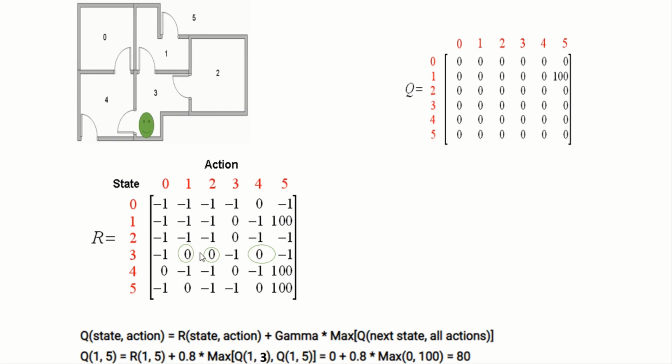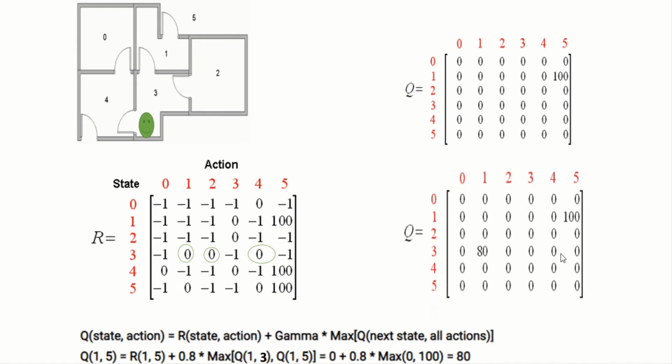Then the maximum of Q(1,3) and Q(1,5) is 100, because we have learned from here. So the discount factor into the value of 100 gives 80. Our quality matrix will be updated to something like this.